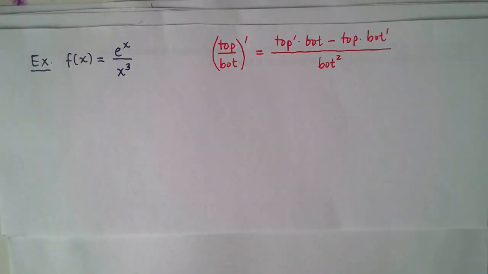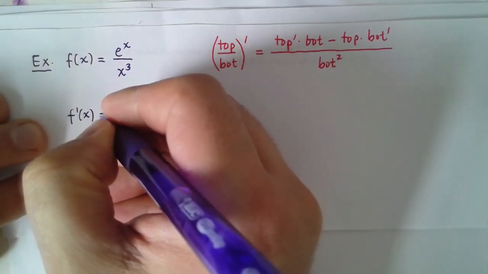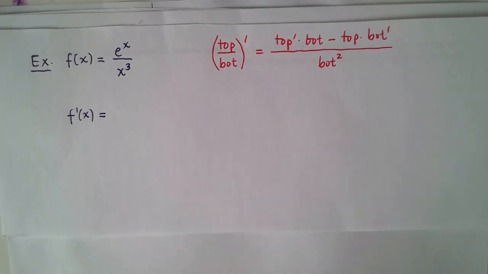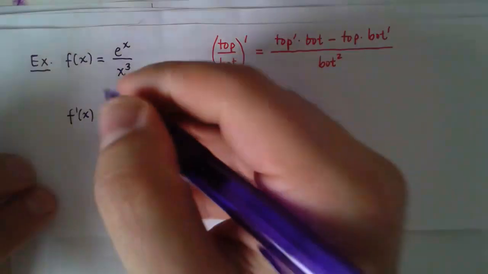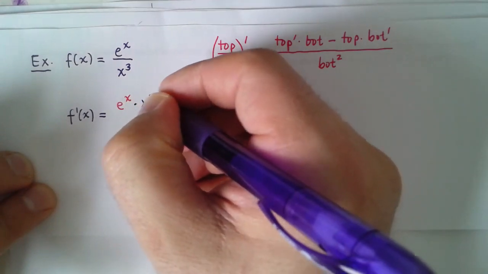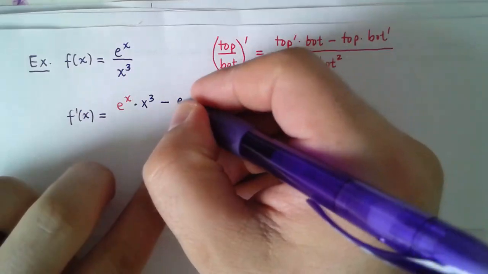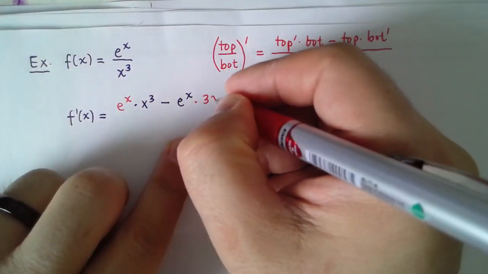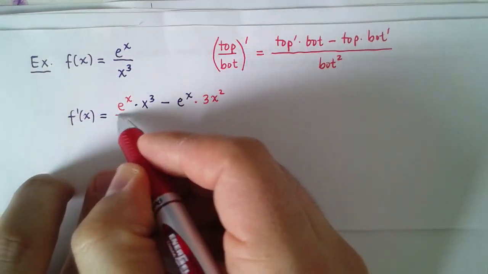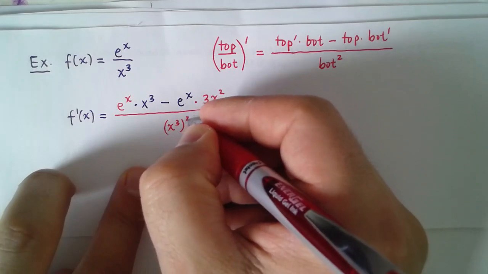So in our example, the derivative of f will be the derivative of the top, e to the x itself, times the bottom, x to the third, minus the top, e to the x, times the derivative of the bottom, which is 3x squared, and then divide the whole expression by x to the third squared.